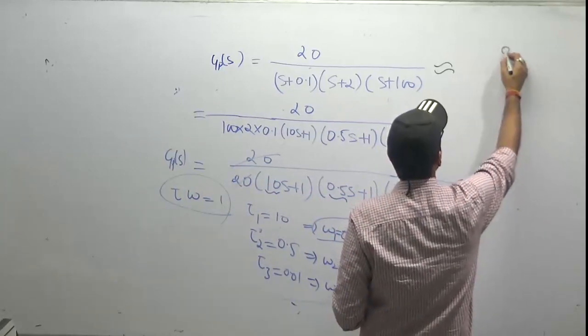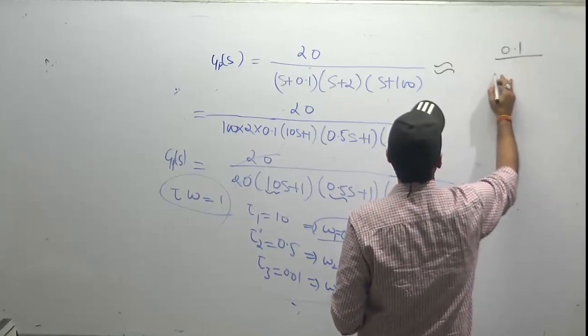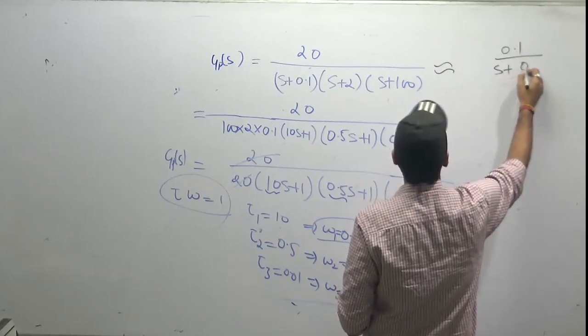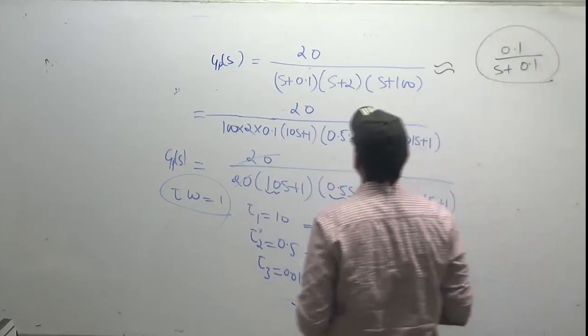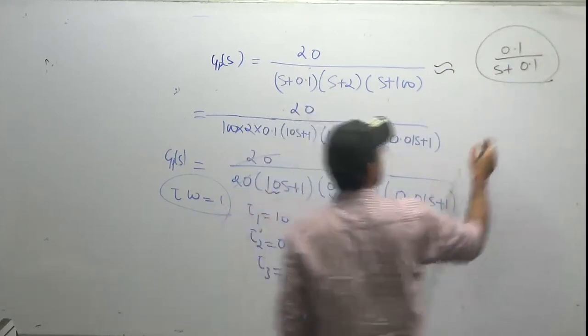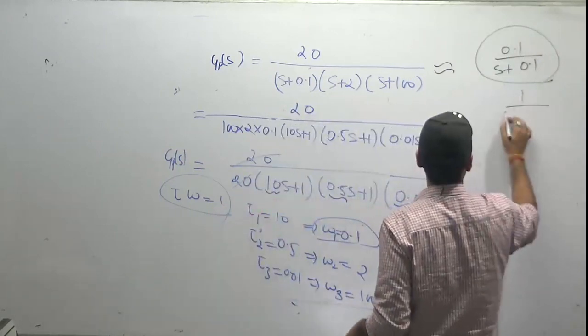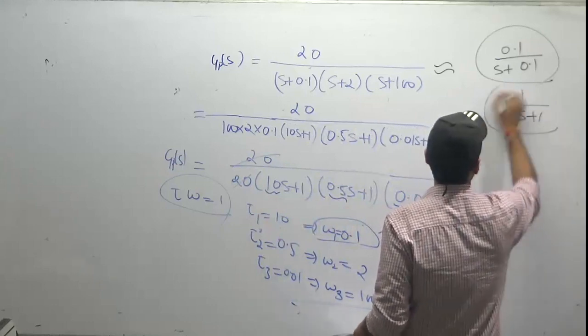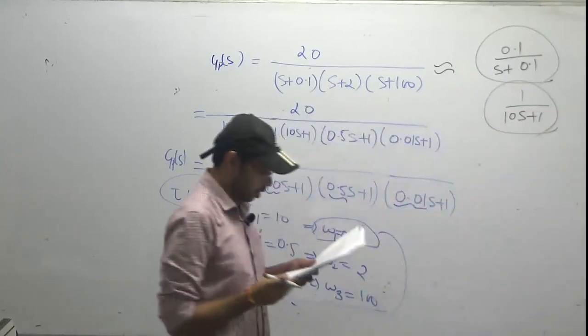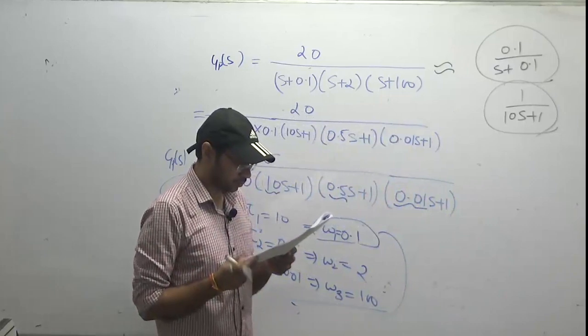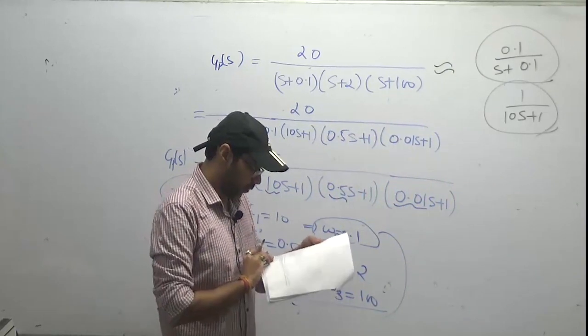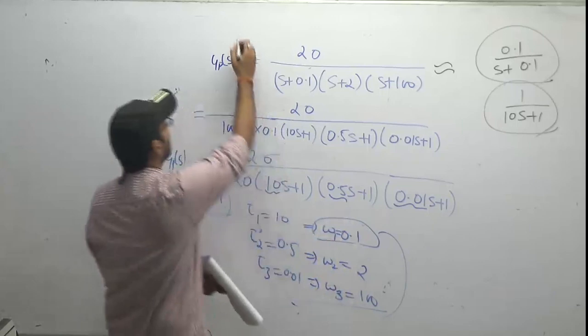The approximation is 0.1 divided by s plus 0.1. Yes or no? Or I can say from here 1 upon 10s plus 1. Right. So according to this, which option is correct? Option A. So option A is the correct answer.